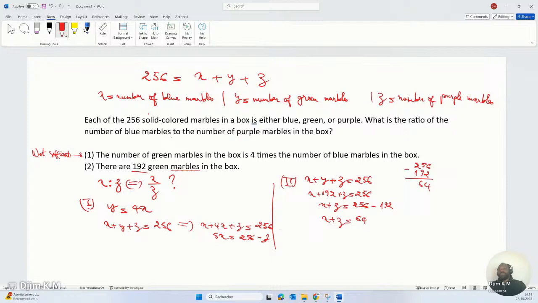What is the ratio of x over z? The ratio of the number of blue marbles to the number of purple marbles.